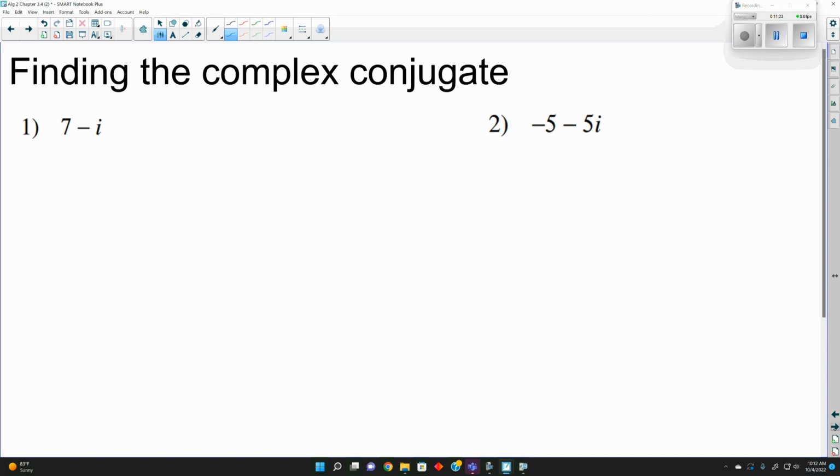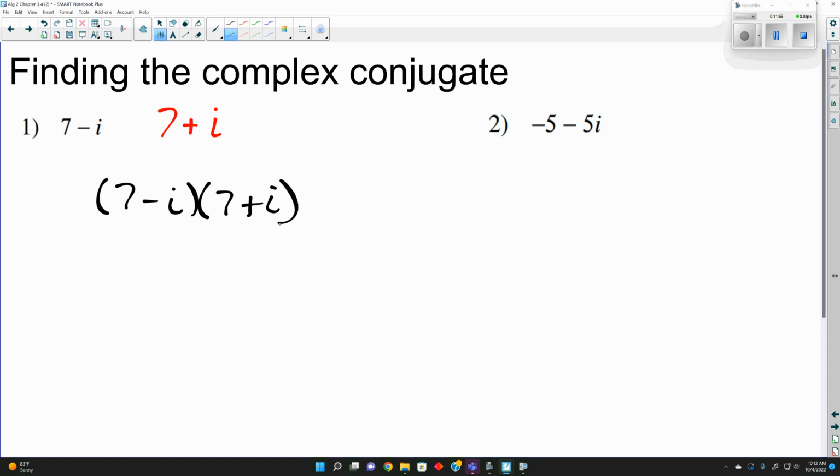What is the complex conjugate of 7 minus I? Seven plus I, changing the sign in front of I. Now there's something interesting that happens with these two here. I'm going to multiply these together and see what we get.